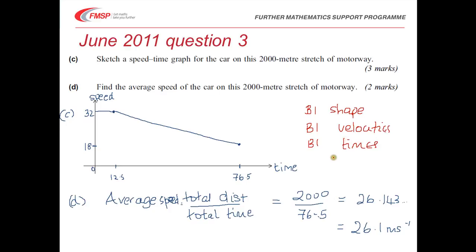And then in the last bit, you got a method mark for distance divided by time, and an accuracy mark for 26.1. It was a follow-through accuracy mark, so if you made a mistake perhaps with your 76.5, then as long as you did the correct calculation, you would have been okay. So 9 marks in total for that question.